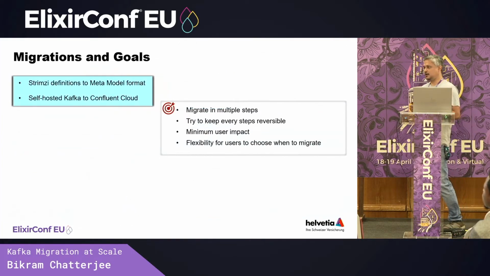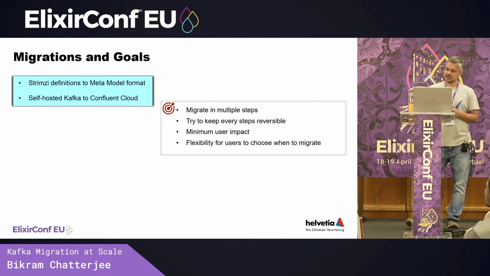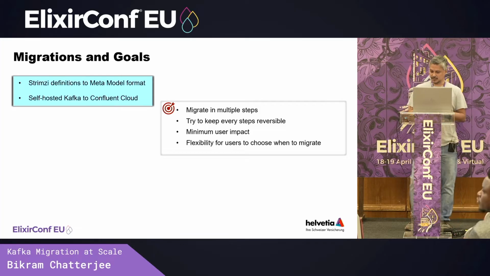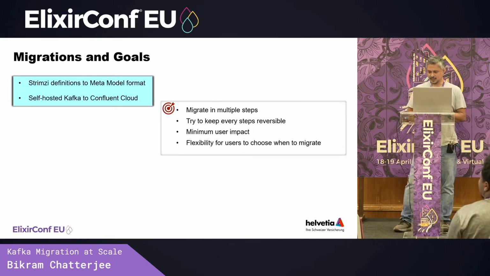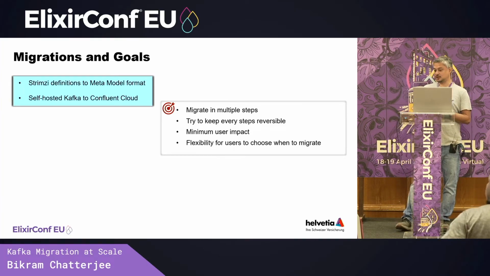Now, our migrations and goals. At a very high level, we had to do only 2 migrations. Convert the Strimzi format of definitions into the meta model, and convert the self-hosted Kafka cluster and all resources in it and migrate them into Confluent Cloud. To minimize the risk of potential loss of business due to platform outage or data loss, and also the coordination complexity of all of this, we decided against one single big bang migration.